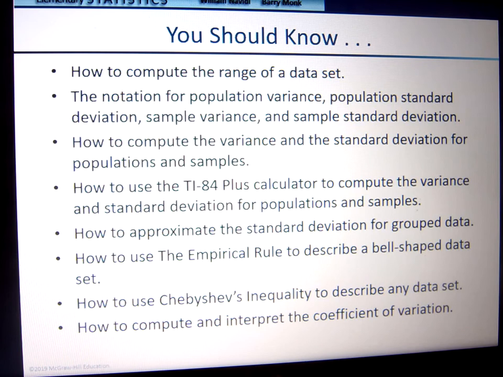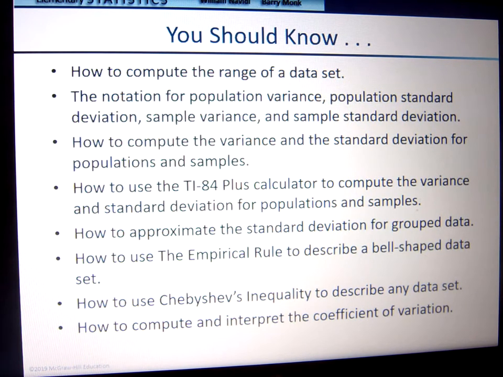How to use the TI-84 Plus to compute the variance and standard deviation for populations and samples. How to approximate the standard deviation for grouped data. How to use the empirical rule for a bell-shaped or normal curve data set. How to use Chebyshev's inequality to describe any data set, and how to compute and interpret the coefficient of variation.